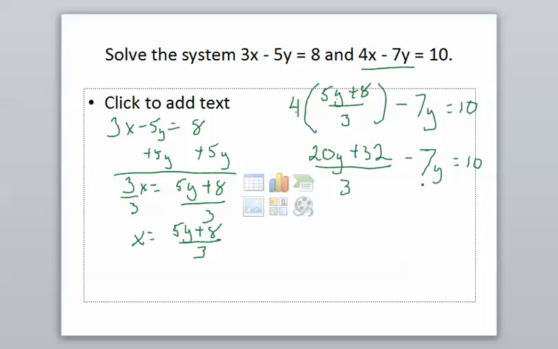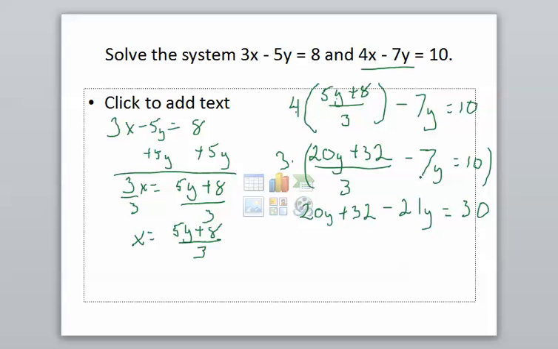Okay, fractions. Don't like fractions. So if I multiply everything times 3, I'll get rid of that fraction. And I'll get 20y plus 32, minus 21y equals 30.